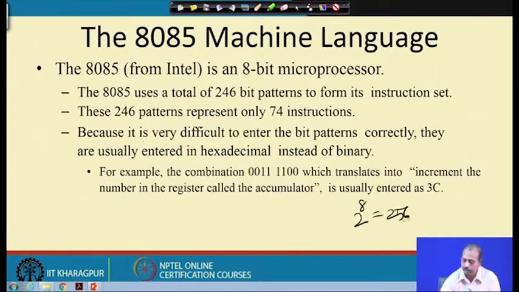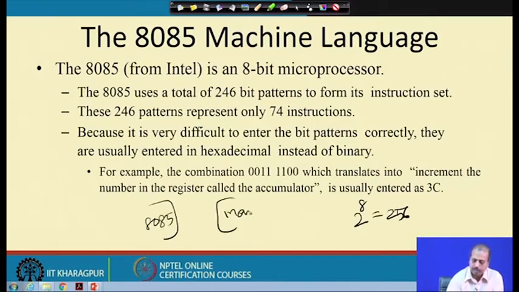So, when this is 8085 and this is your memory, then at the very beginning it does a fetch operation and gets 1 byte, that is 1 word equal to 8 bits, from the memory. With this 8 bits I can have 256 different patterns, but in case of 8085 only 246 patterns are used.